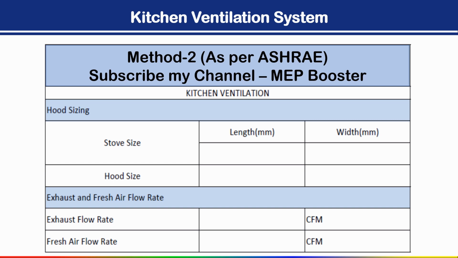Now see the second method. The first method, how to calculate all these things, we have learned. Now with the help of the second method, we find the hood size, exhaust flow rate and fresh air flow rate. Suppose the stove length is 750 mm and the width of the stove is 450 mm. Here we have to find the hood size. We don't need that formula because it is used in method first.